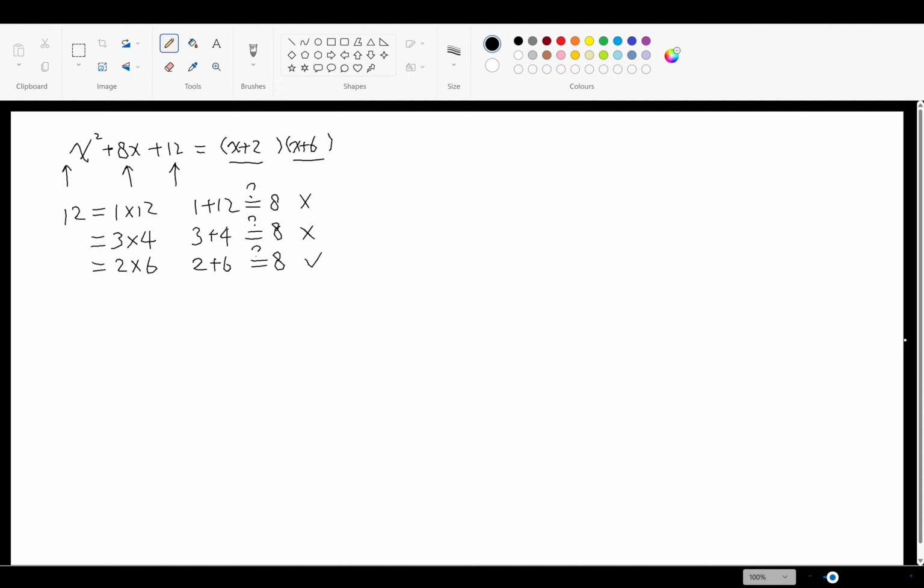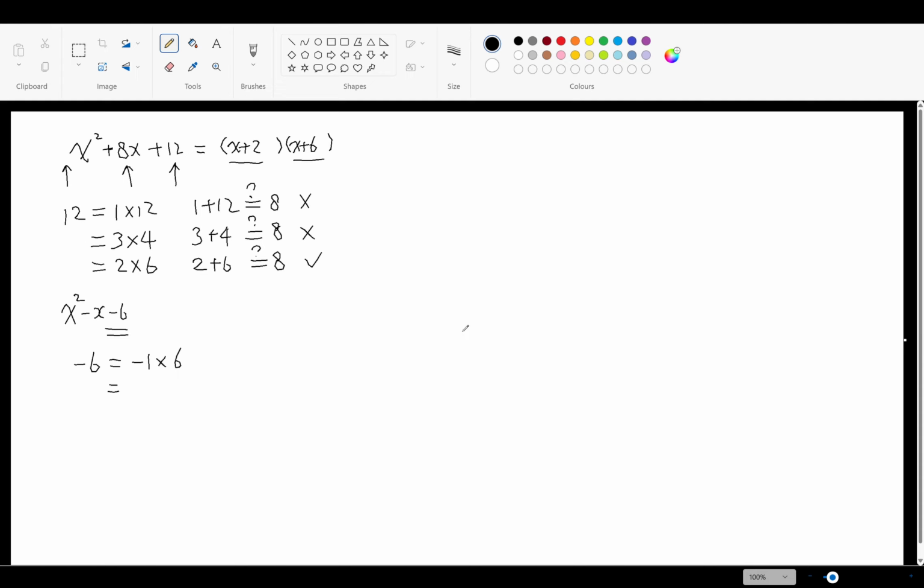Probably I can show you another example. So another example is x squared minus x minus 6. And then we look at the constant term. So minus 6 can be factorized as minus 1 multiplied by 6.